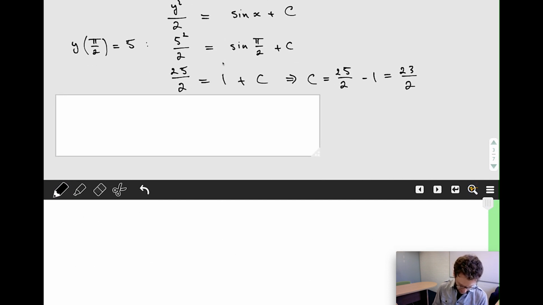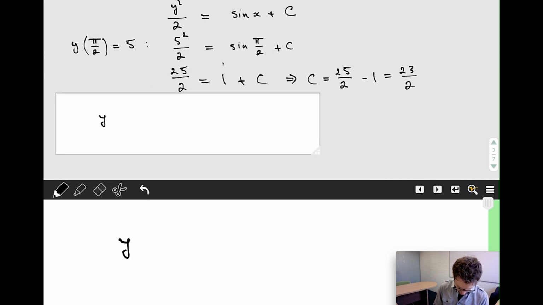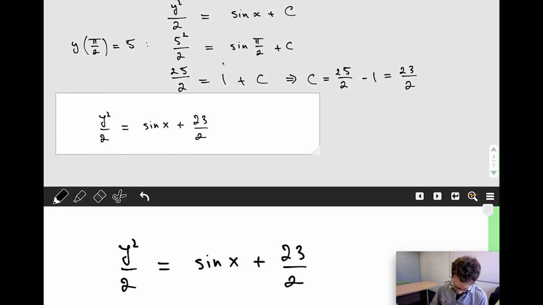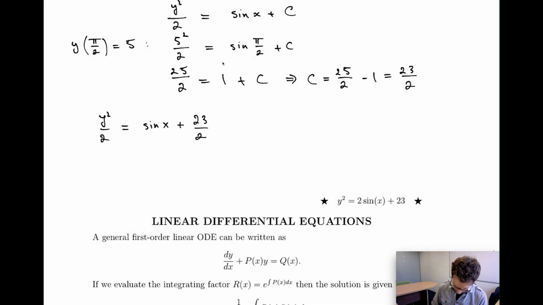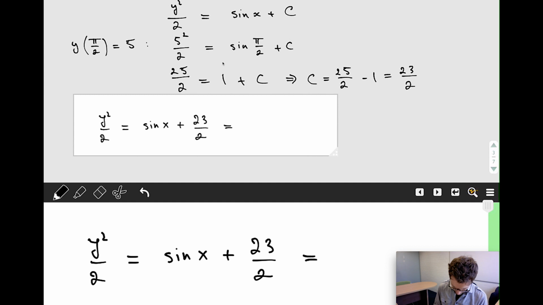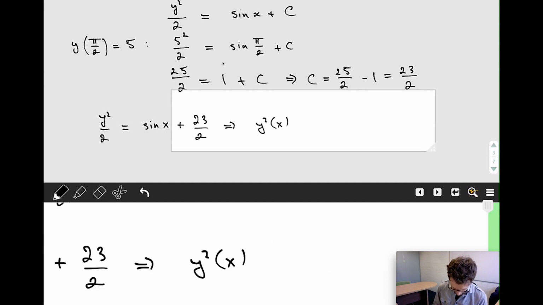So putting that all together now, we've got the equation y squared over 2 is equal to sine of x plus 23 over 2. So if we rewrite this as a single equation for y squared of x, this is equal to 2 sine x plus 23.